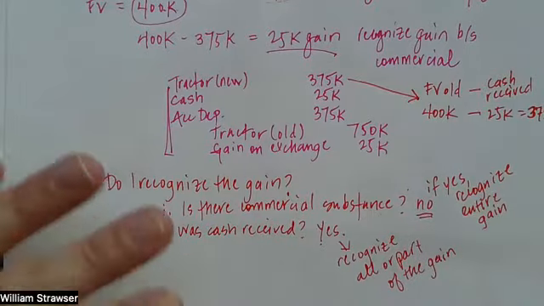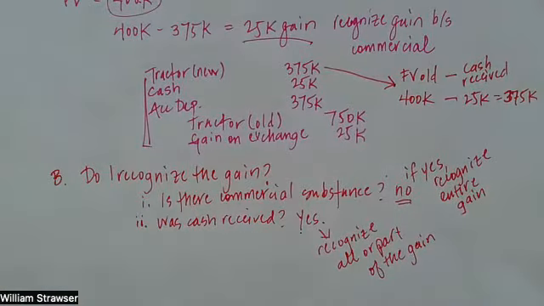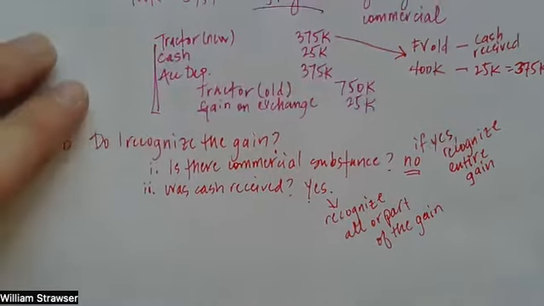The determining factor is the value of the cash that I received in proportion to the total value of what I received.